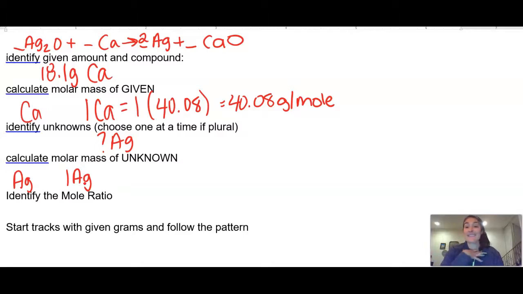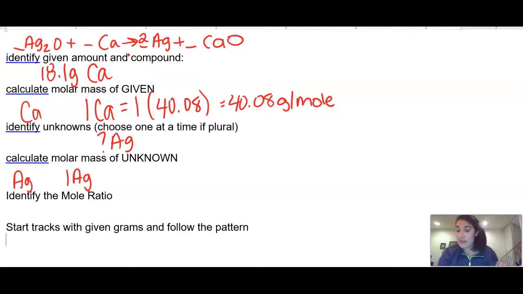Your molar mass does not have anything to do with those coefficients. Yes, up here in our balanced equation, it is saying 2 moles of silver. That's the ratio. That has to do with that perfect equation of silver oxide with calcium.